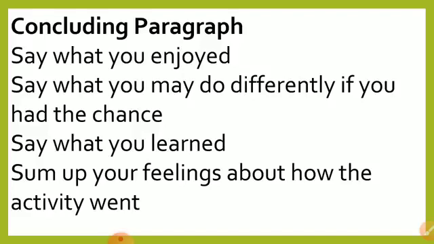If you enjoyed anybody's birthday party or your own birthday party, how did you enjoy that? You have to explain that in your concluding paragraph. Then say what you may do differently if you had the chance, then what you learned from that event or experience, and sum up your feelings about how the activity went.